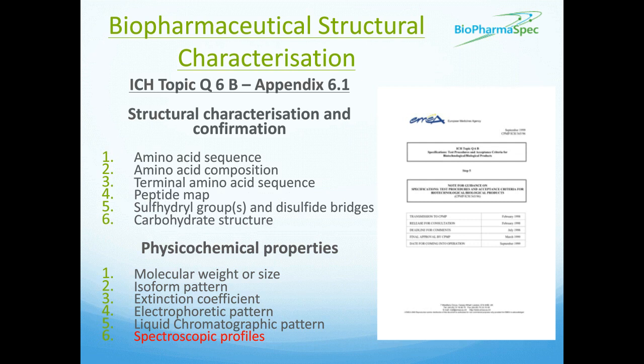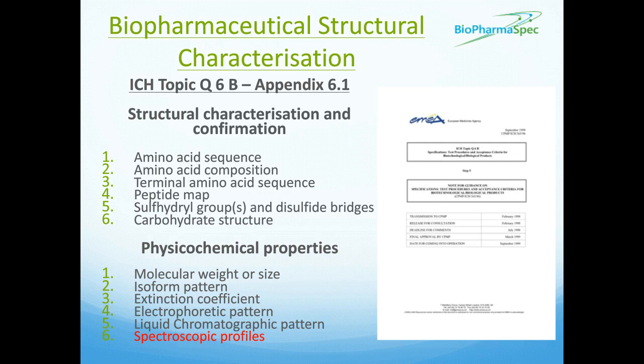When you look into it in detail, seeing exactly where higher order structure comes in is quite complex. It isn't mentioned in those terms, and it only comes in when you start looking at the spectroscopic profiles, which is the sixth one down in red there under the physicochemical properties.